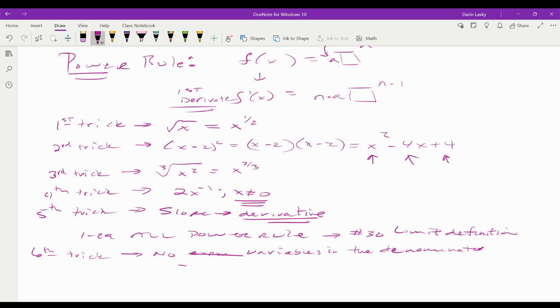And I should say move fractions out to coefficients before you start. So what I mean by that is you can't have any variables in the denominator. So I'm going to start with that kind of idea first.